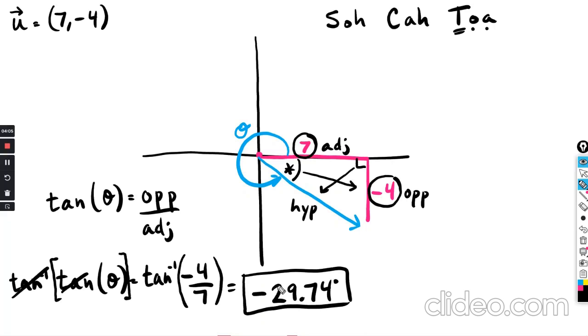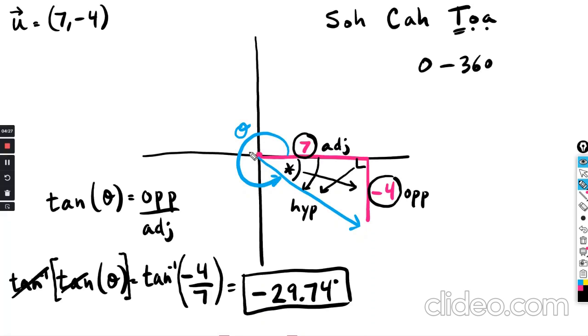It appears -29.74 is this angle right here, the measurement from the positive x-axis going clockwise. But we want this other angle right here, since the answer is supposed to be between 0 and 360.